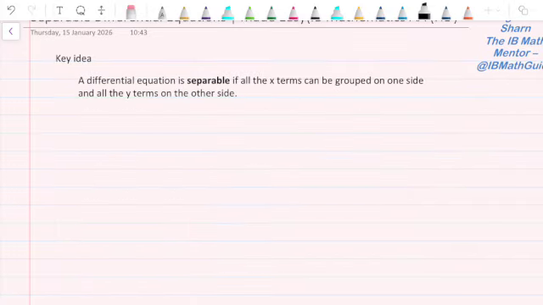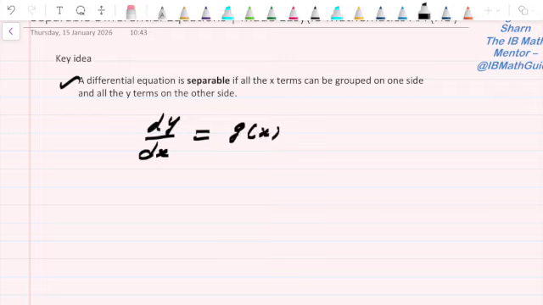A differential equation is separable if all the x terms can be grouped on one side and all the y terms on the other side. We know what a differential equation is. Now, a general form of a variable separable equation is, let's say, dy by dx is equal to the product of two functions, g of x and h of y.